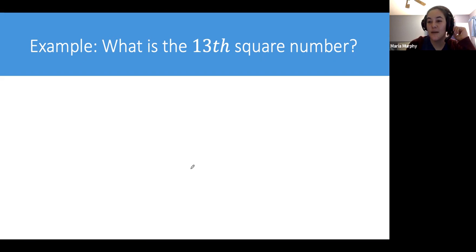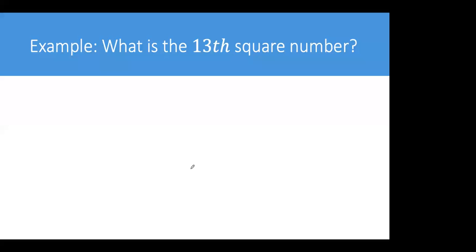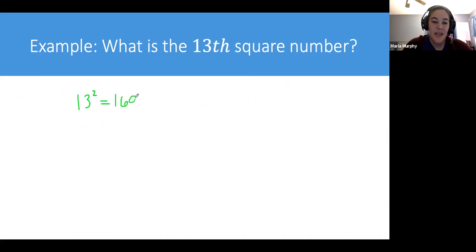Jacob, you want to share? To find out what the 13th square number is, all you need to do is square it. So 13 squared equals 169. Did everybody get the same? Would everybody agree? Anyone disagree? Mark, I think your hand's up. What's that?